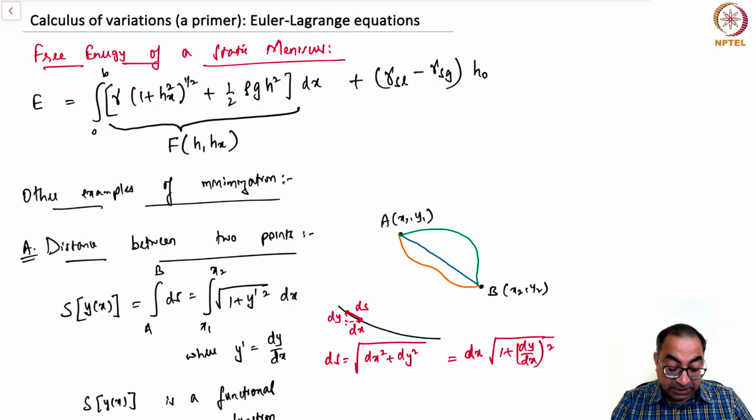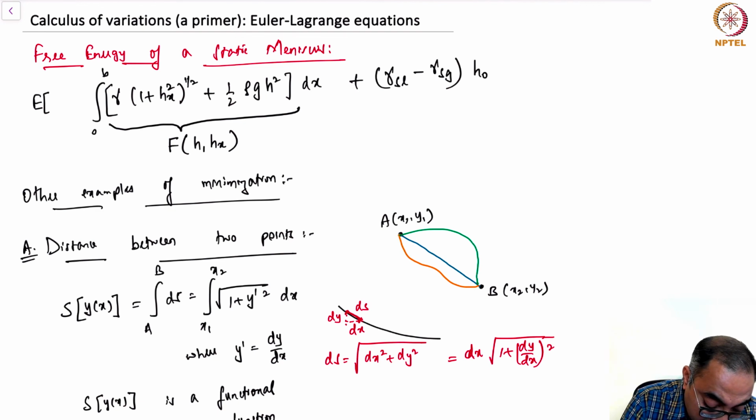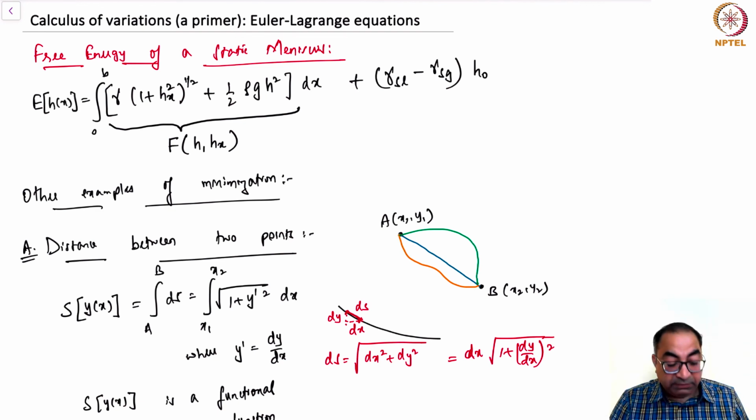So the energy functional that we are looking for is this energy functional E of h of x. We want to find the shape of the meniscus h of x such that the total energy of the static meniscus is minimized.